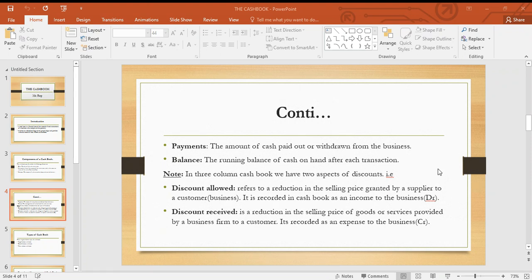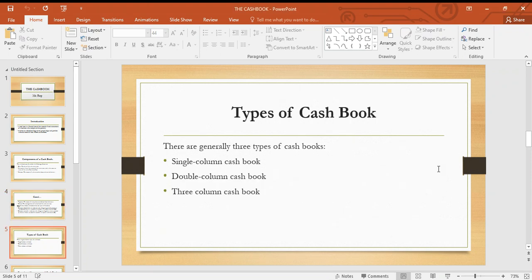Then we have the next, the types of cash book. Who can read for us this one? Anyone who can see my screen? Class? If you can see my screen, you can unmute yourself and take us through it. Hello, class. Who can see my screen?